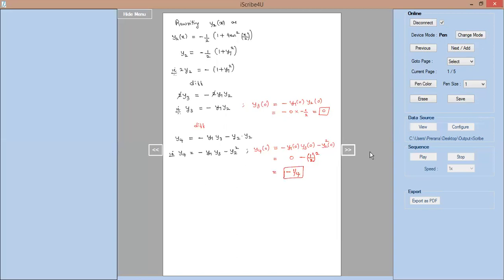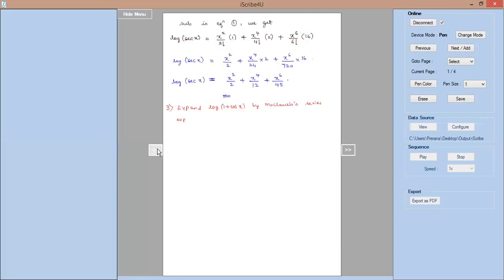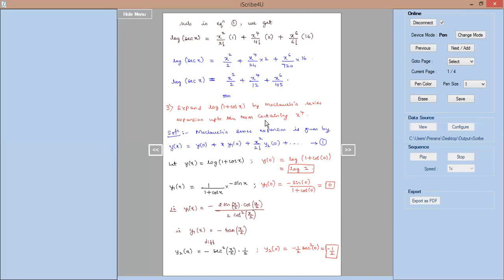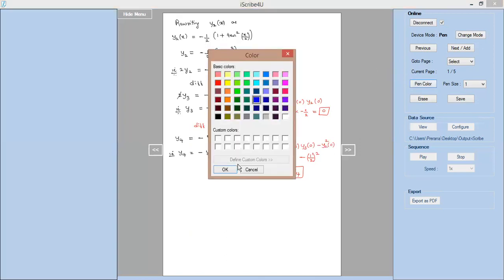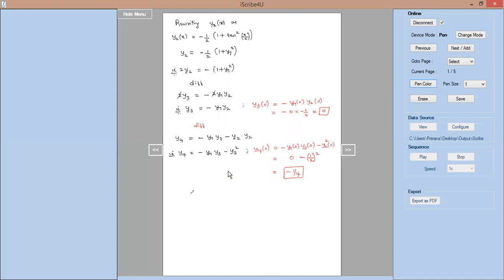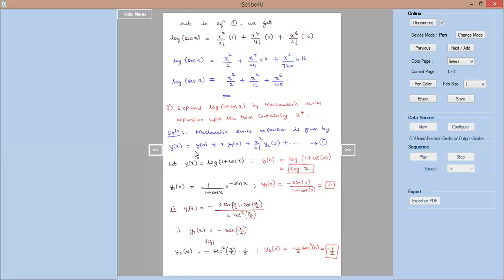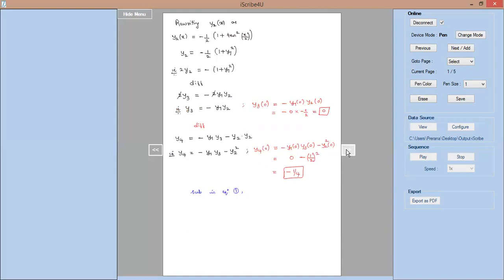Minus 1 by 4. Now this was the question we were asked to find out, up to the fourth degree term, or up to the term containing x power 4. So we stopped doing the derivatives because we have obtained y4 of 0. So now we will substitute all these values into equation 1, which is nothing but the Maclaurin series expansion.